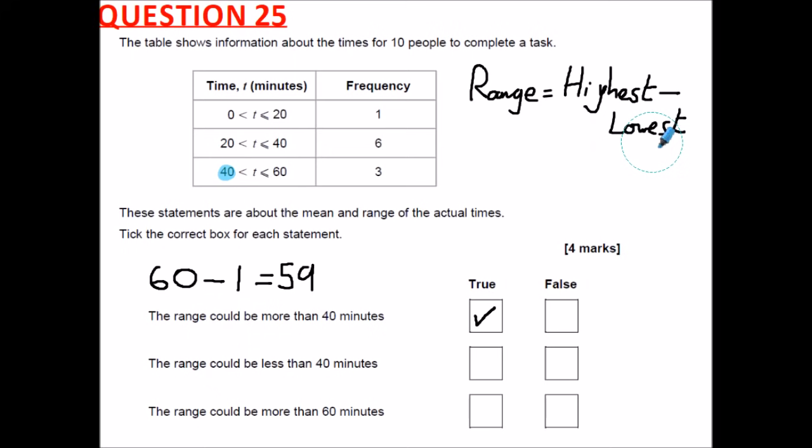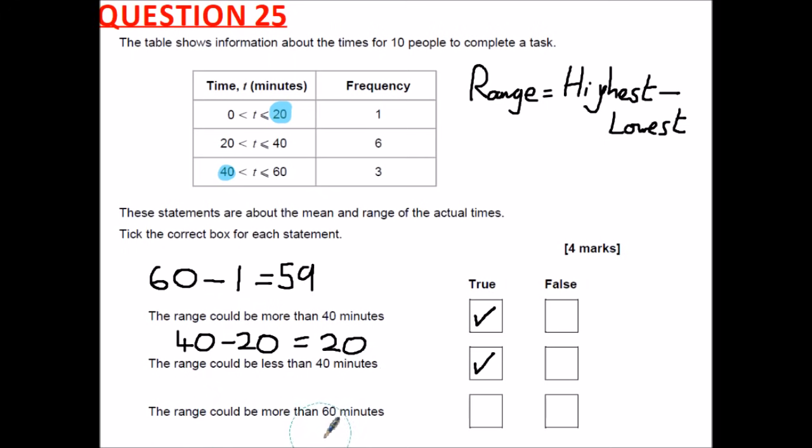And the biggest minimum would be what's the biggest value this person in this group could have taken, which would be 20. So the smallest possible range would be 40 take away 20, which should be 20. So yeah, the range could be less than 40 minutes. It could be as little as 20. However unlikely that is, it could be as low as 20.